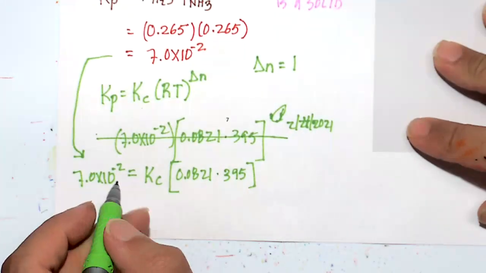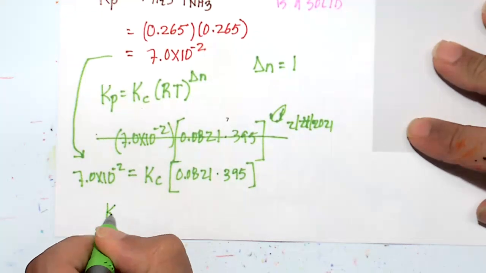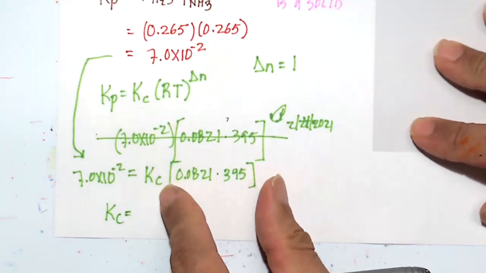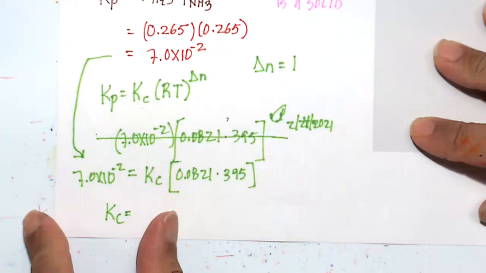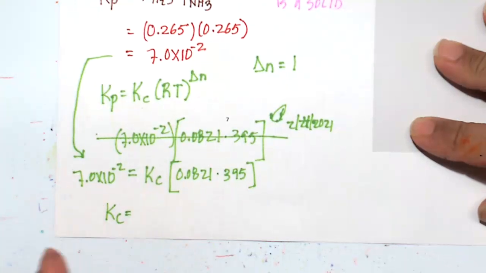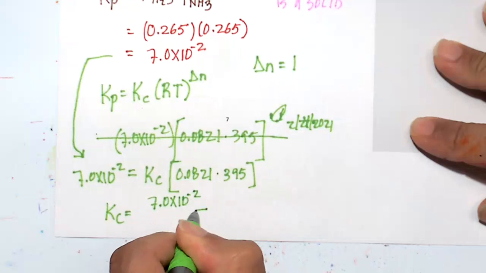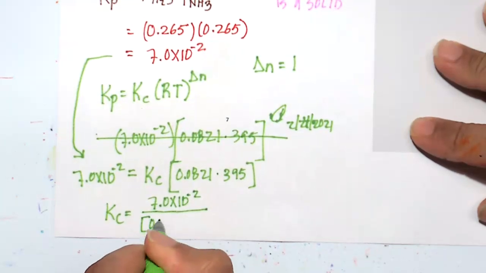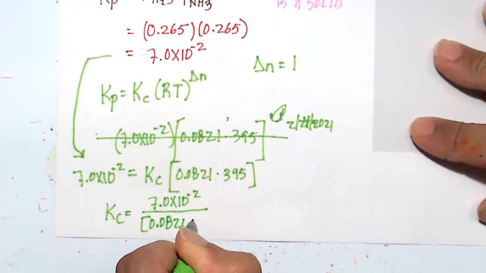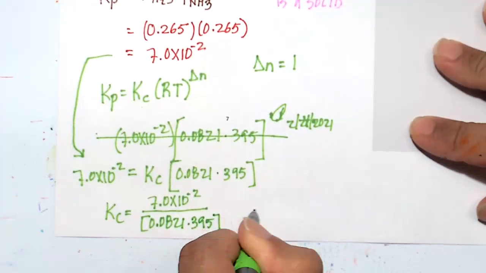All right, so we will isolate Kc. Kc is equal to 7.0 times 10 to the minus 2 divided by 0.0821 times 395.